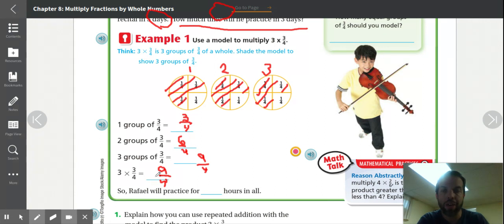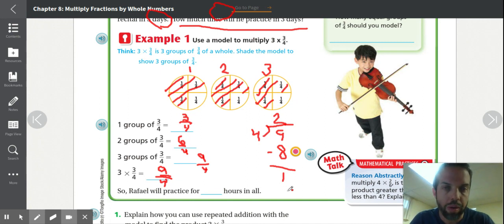And we know that this line right here, 9/4, means to divide. So I could think of it as, if I really wanted to talk about how many hours did he actually spend, I could do 9 divided by 4. So how many 4s fit inside of 9? 2. 2 times 4 is 8. 9 minus 8 is 1. All right. So how do I get my mixed number out of this?